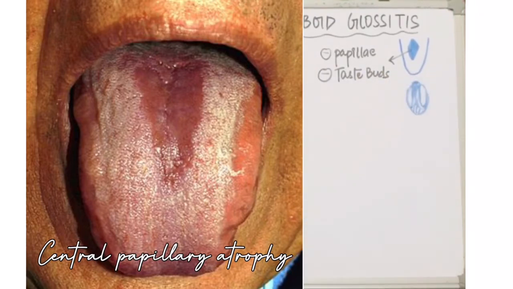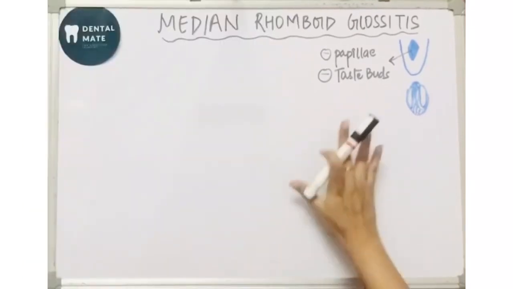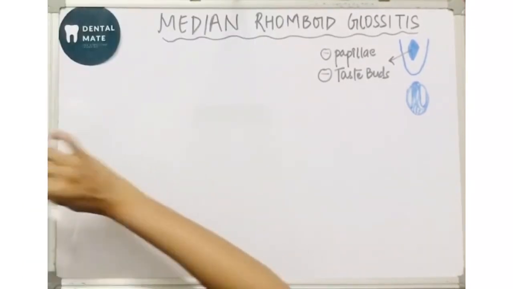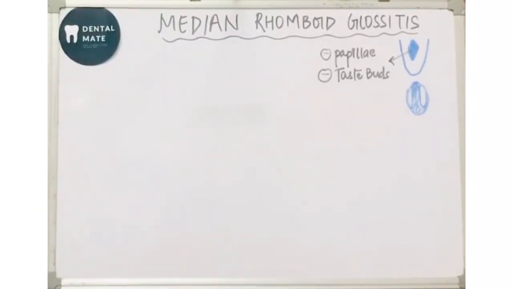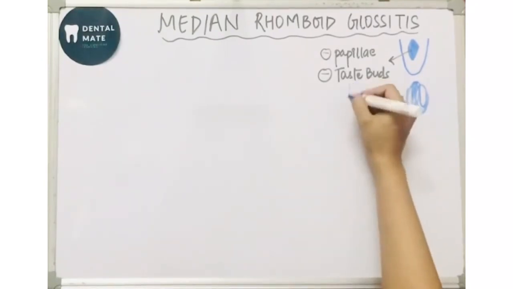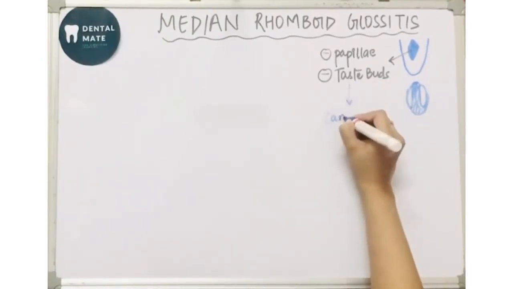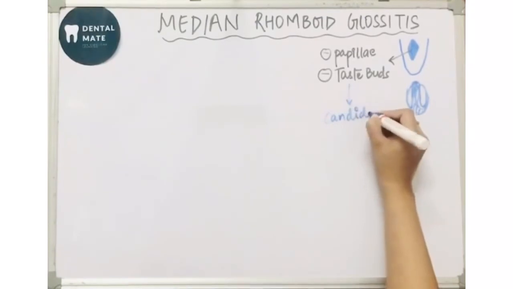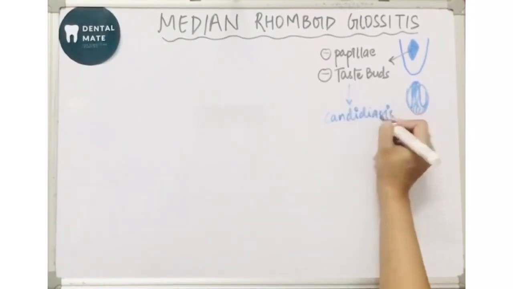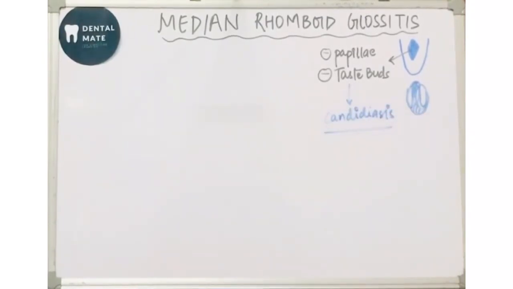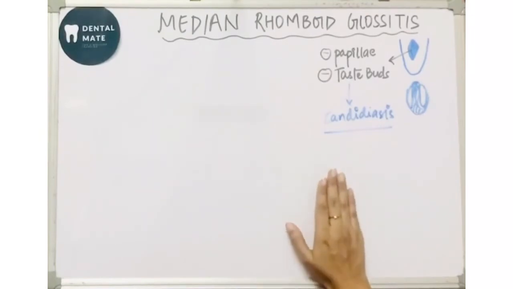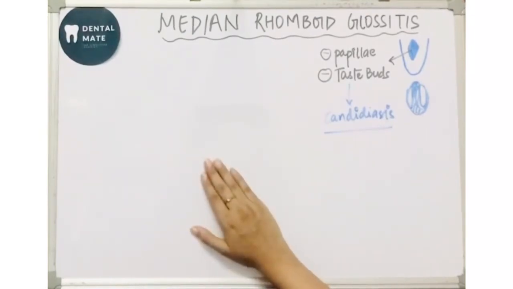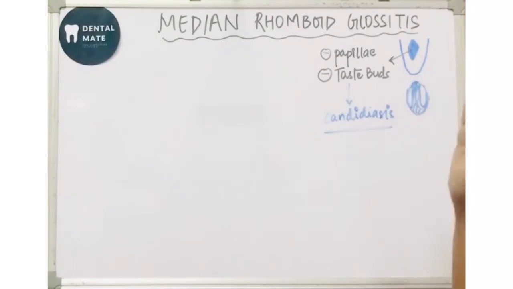This area is also highly susceptible to candidiasis inflammation. It is highly susceptible to recurring or chronic atrophic candidiasis, that is posterior midline atrophic candidiasis. For that, this area is highly susceptible.